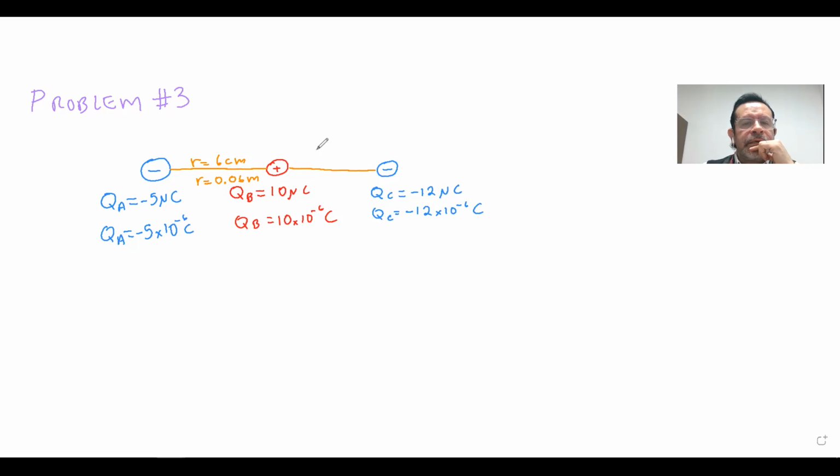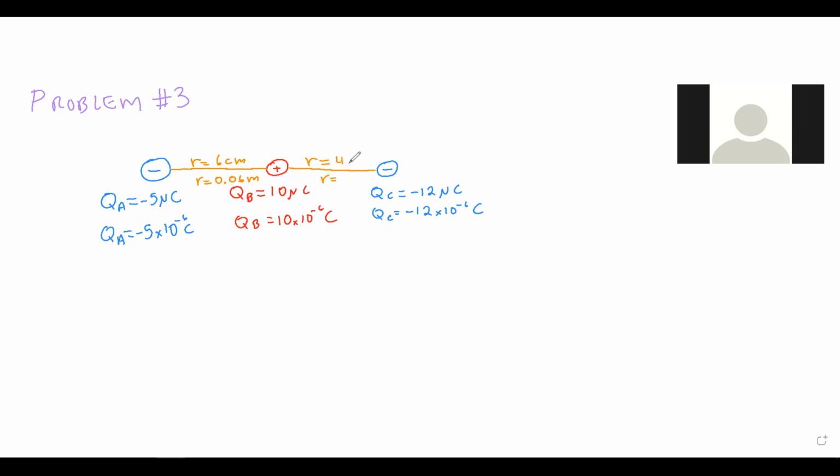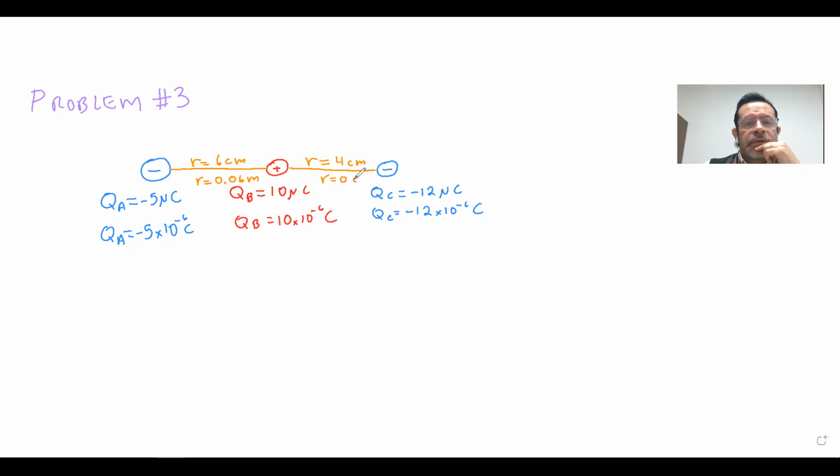And Power Rangers, what's the distance between B and C? Four centimeters. 4 centimeters, and that's 0.04 meters.